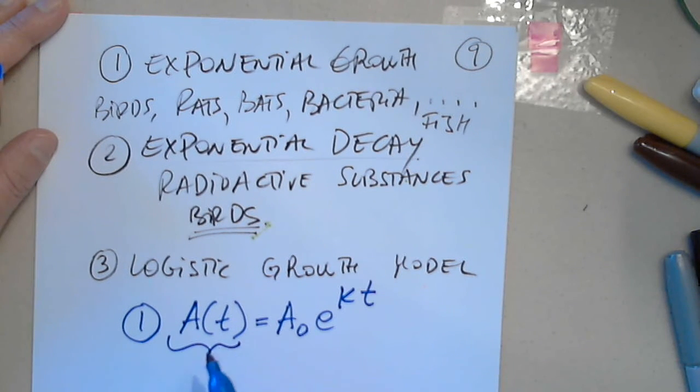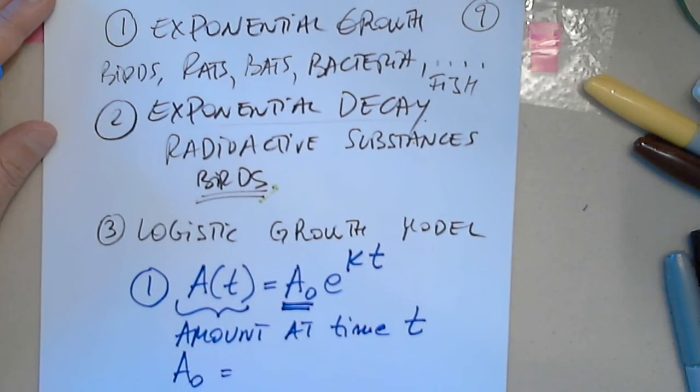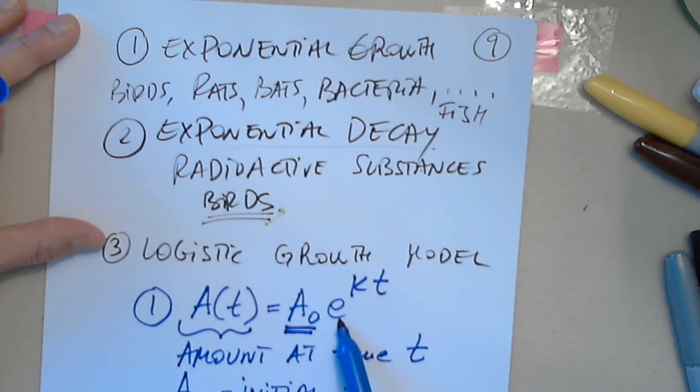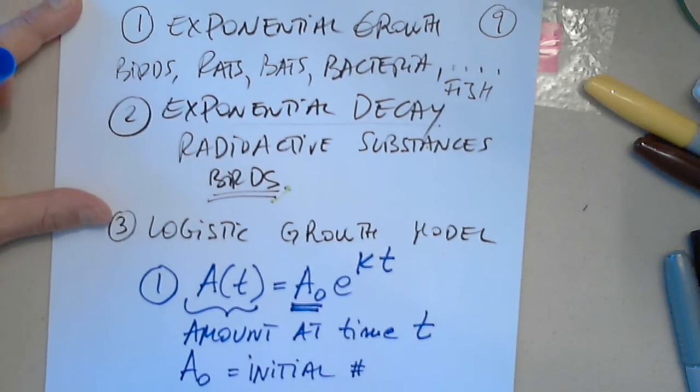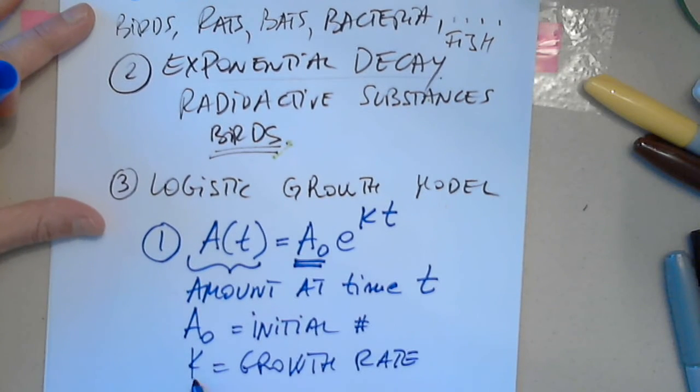This is the amount at time t. What do you think this is? A0, the initial number. e is our best friend e. k, the growth rate. And t is time.